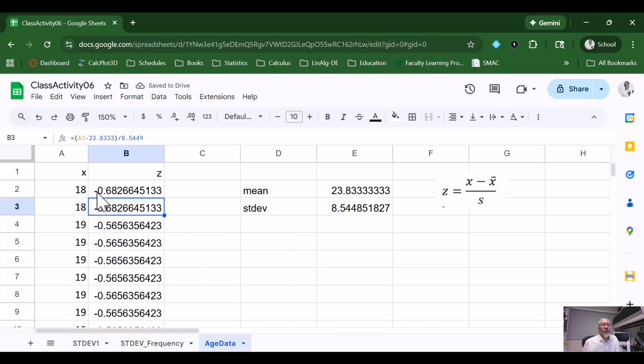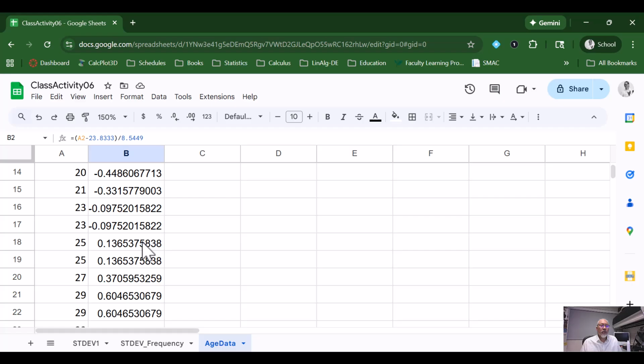So what do we have here? In our age class, 18-year-olds are -0.6 standard deviations away from the mean, going on the left side. 19-year-olds are about half of that, so half a standard deviation to the left, about 0.5. It's 0.56 technically. Now the mean is 23.8, so somebody who's 23 years old would be almost 0.